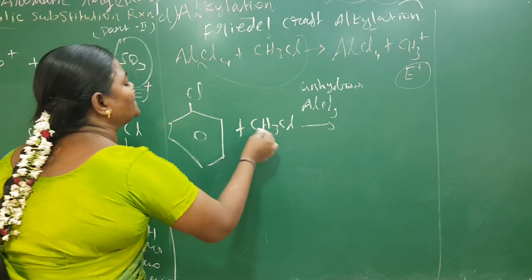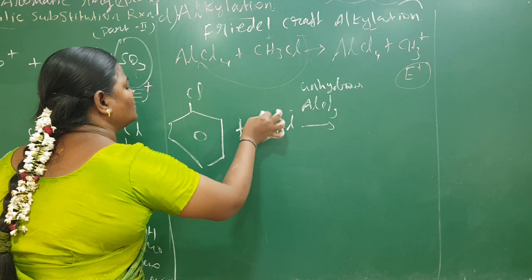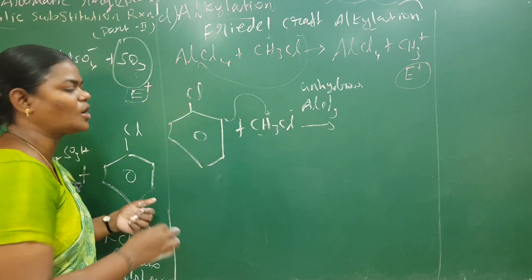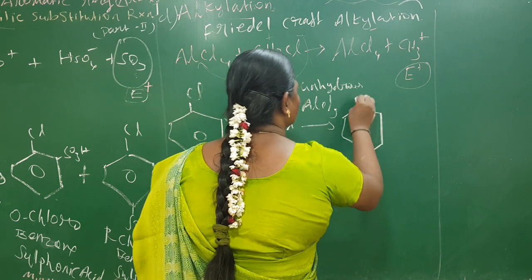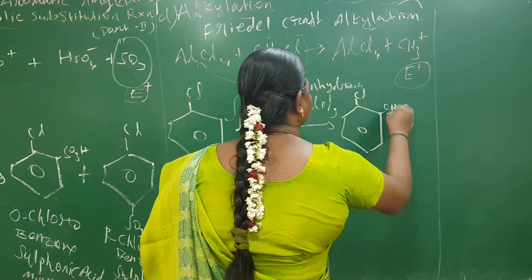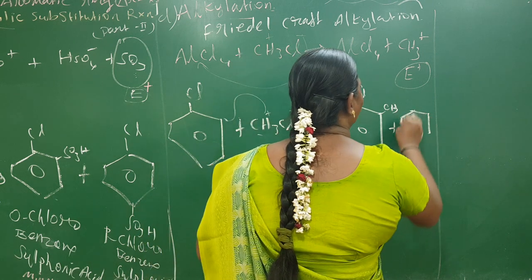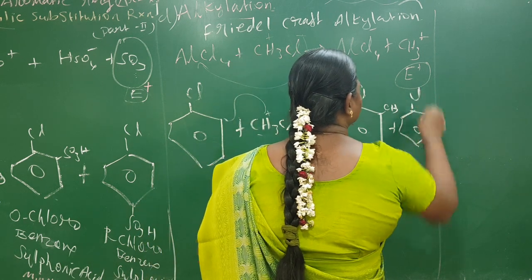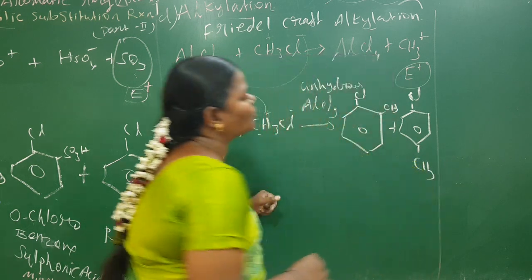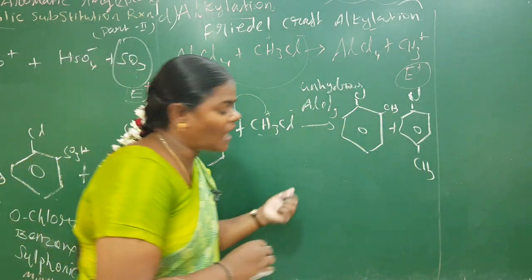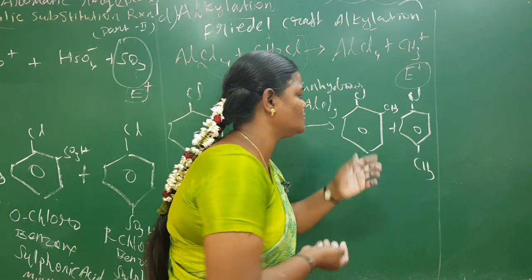Water should not be present in this reaction. With anhydrous aluminum chloride, the methyl group, which is positive, attacks the ortho position. What is your product? Cl and CH3 here. Similarly for one more benzene ring, Cl and CH3. So what is the name of the compound here?